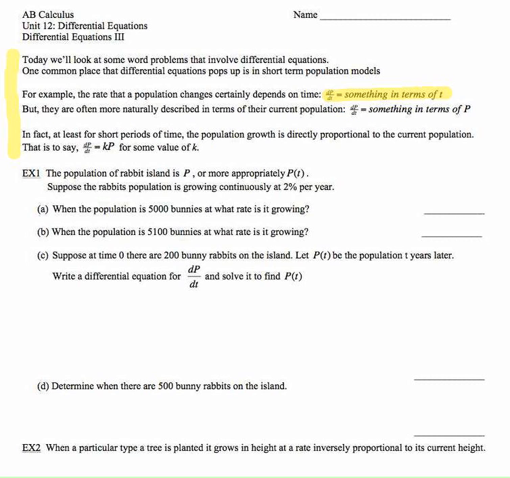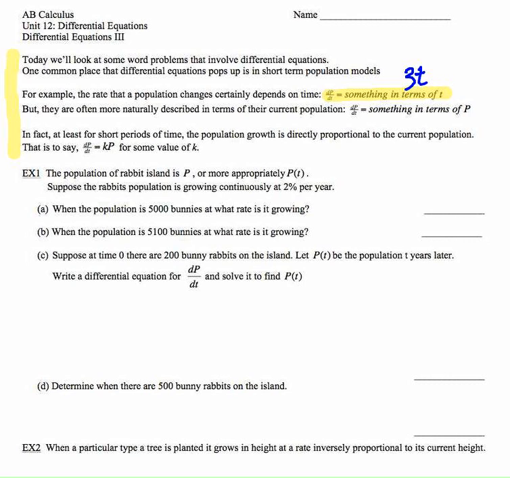A lot of times you see that in terms of maybe something like 3t, where the rate after 1 second is 3, the rate after 2 seconds would be 6, the rate after 10 seconds would be 30.